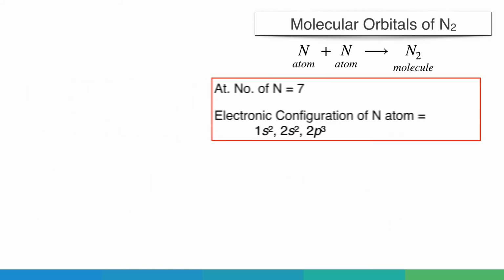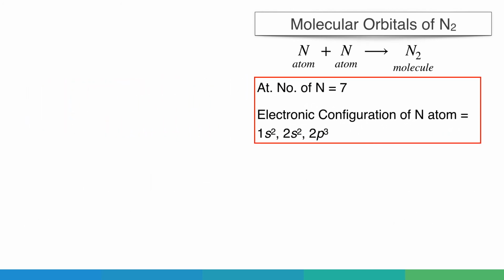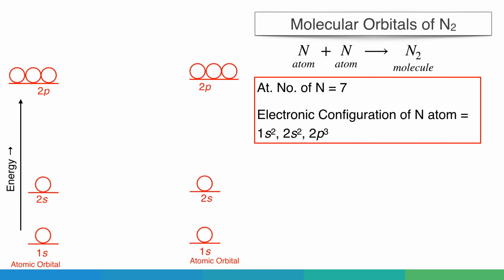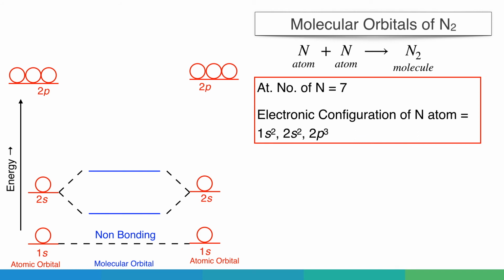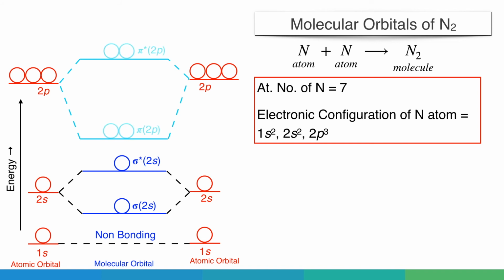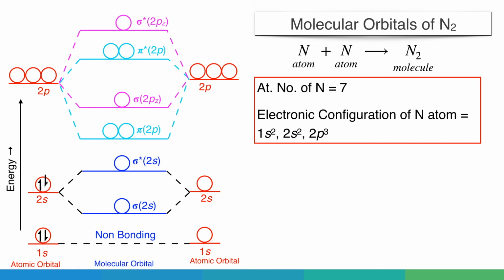So a similar molecular orbital diagram can be constructed with pi 2p orbitals lower than the sigma 2pz orbital. Now again, we can fill the electrons, and it seems that here also all electrons are paired up.